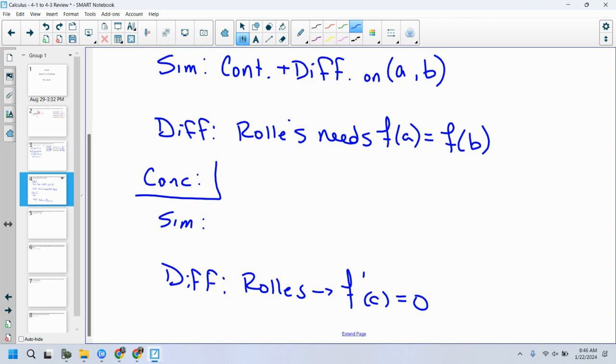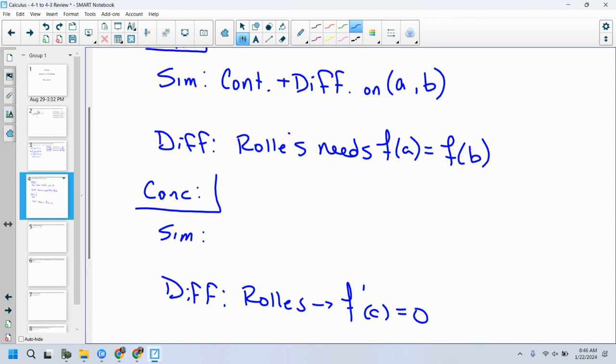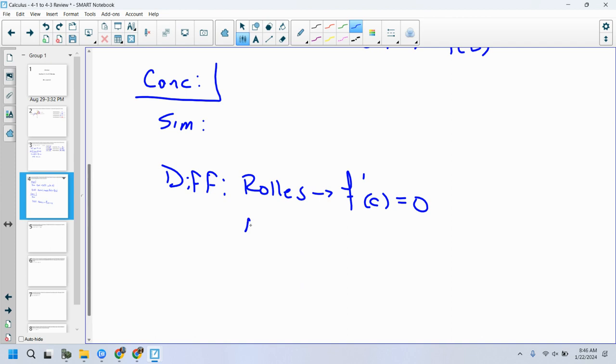In the mean value theorem, it says that f prime of c is equivalent to the slope of the endpoints: f of b minus f of a over b minus a, right? That's the difference in the conclusion.